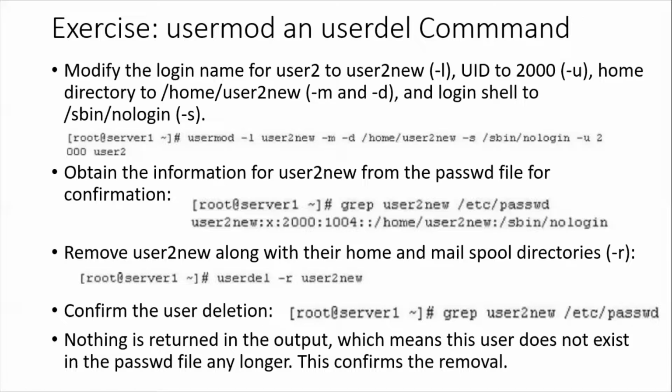So let's go and do this exercise in our Red Hat Linux, and we'll do it in a simple way by changing, let's suppose, only the UID to 2000. Okay. So usermod, and then we will use the -u switch to change the UID to any other number.